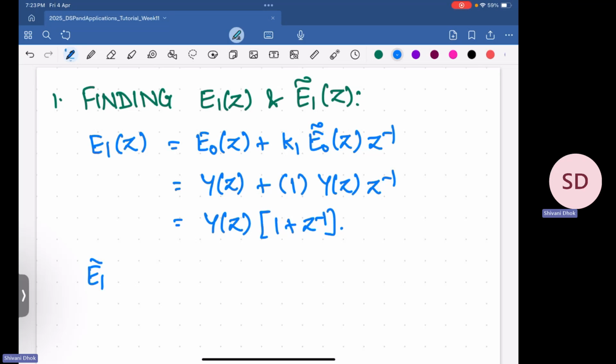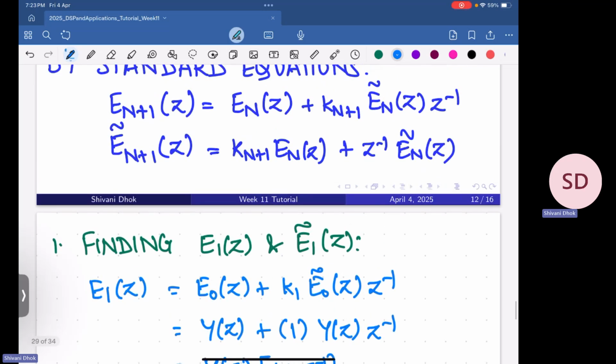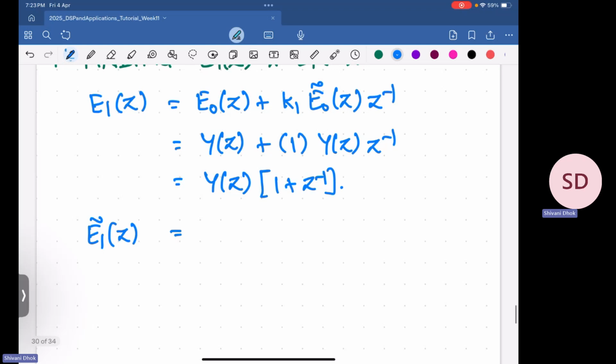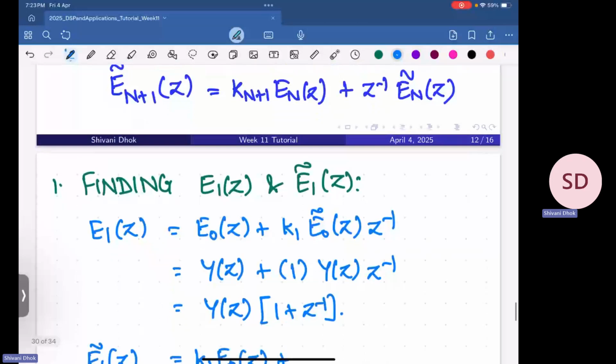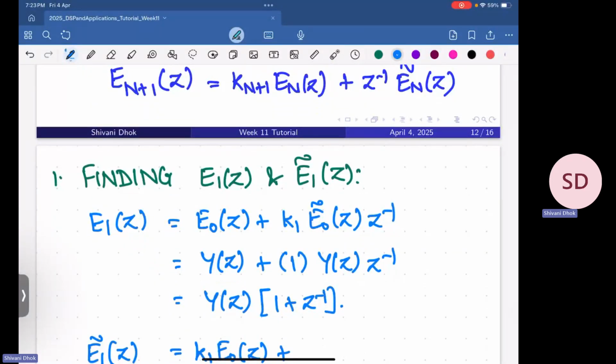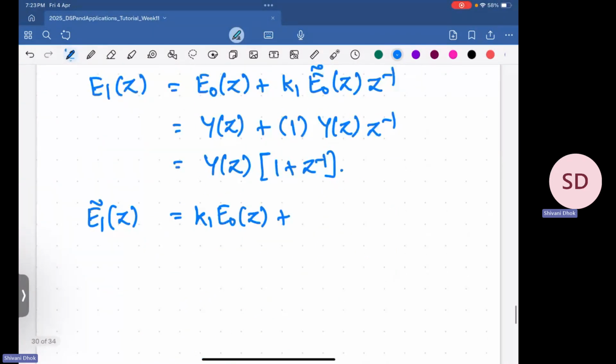Similarly, this E1 tilde of z, using the equation that we wrote here, is K1 into E0 of z plus z inverse into E0 tilde of z. Again, E0 and E0 tilde is simply our y.